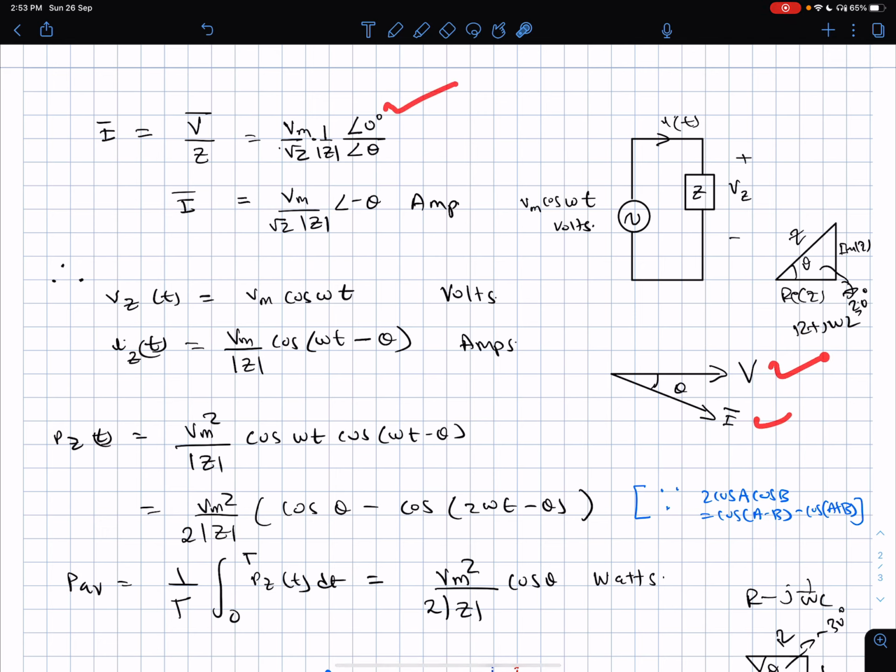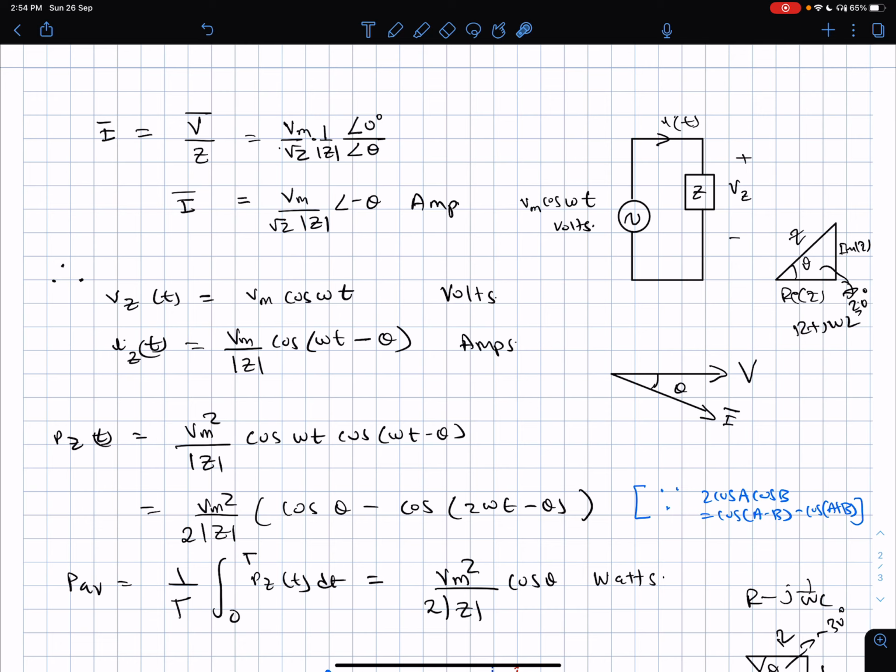The voltage is my reference phasor at angle 0, and the current phasor is lagging it by theta degrees, where theta is the angle of the complex impedance. So this algebraic equation in the time domain becomes Vm by root 2 mod of Z cos of omega t minus theta amperes.